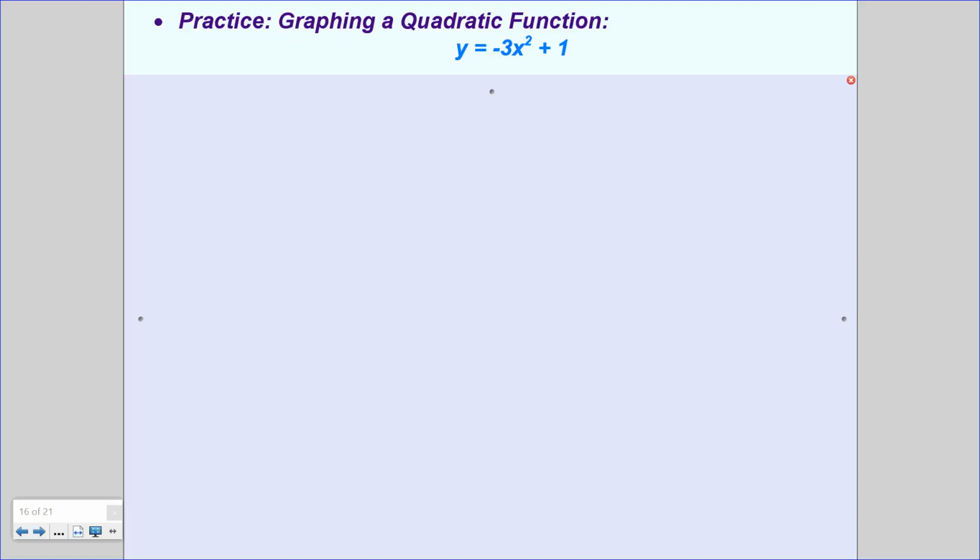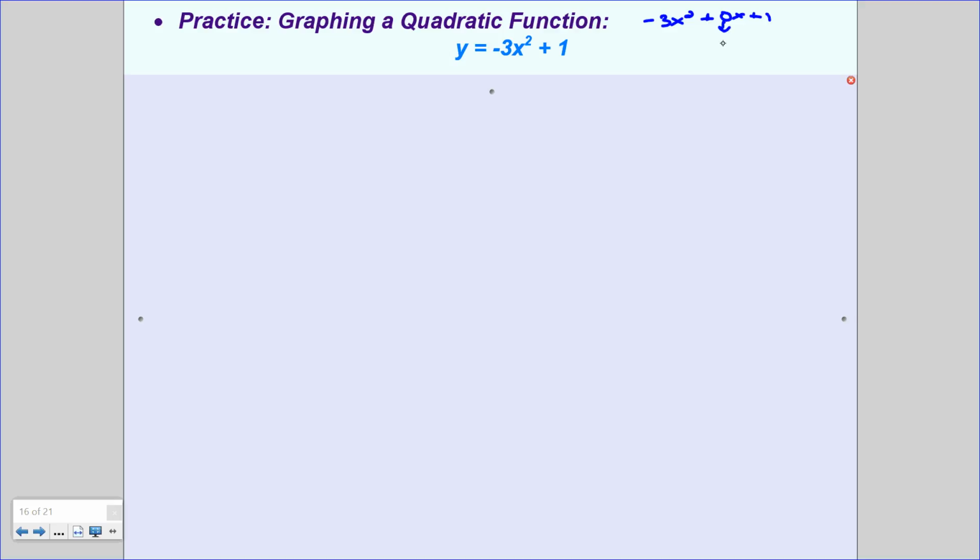So we've now gone through graphing an entire quadratic equation together. Let's do this one. The equation looks a little bit different because while it is in standard form, we are missing the b term. So another way to look at this one is to see it as -3x² plus 0x plus 1. Because it's not there doesn't mean it doesn't exist. It just means that it's 0.